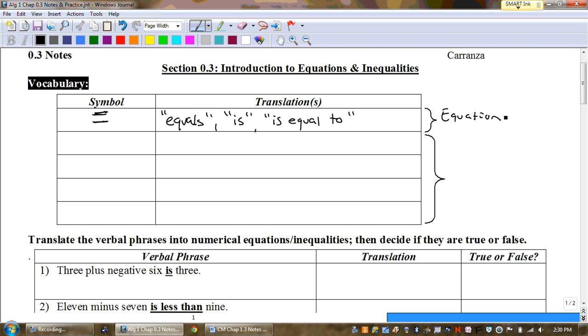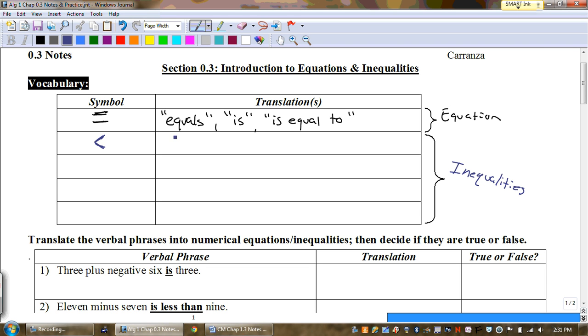Now, the rest of these symbols are what's called an inequalities. The first symbol looks like that. If you can make that symbol in your hand, it looks like the symbol in your left hand.